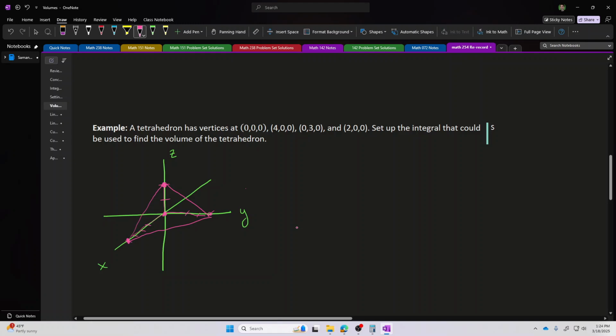Now, notice something. The volume of this tetrahedron, this wedge shape, is the same thing as the volume that is under the plane that is connecting these 3 outer dots here, right?